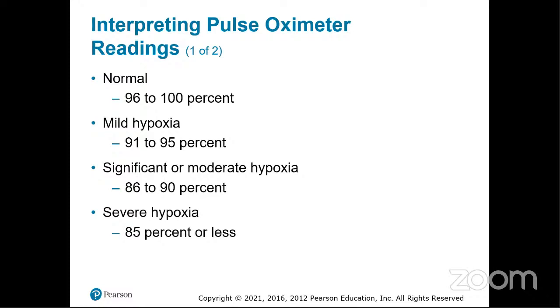But for normal, 96 to 100. Mild hypoxia is 91 to 95. 86 to 90 is moderate, and then severe is 85 or less. And if they're in severe hypoxia, I promise you, you're not going to need the pulse ox to tell you that.